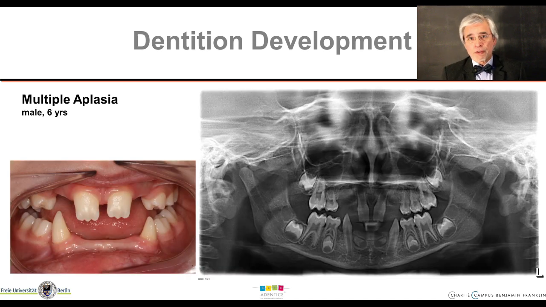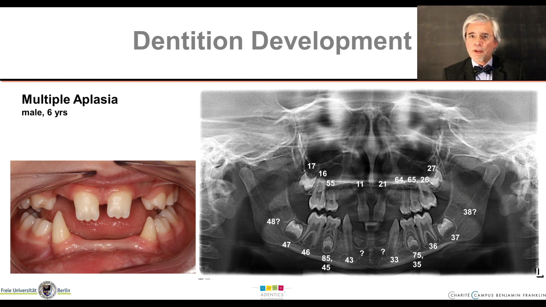Timing of dentition development can come completely out of order, as you can see in this case of multiple aplasia, also called hypodontia. There are many teeth missing, and I have marked with numbers those teeth that I could identify.